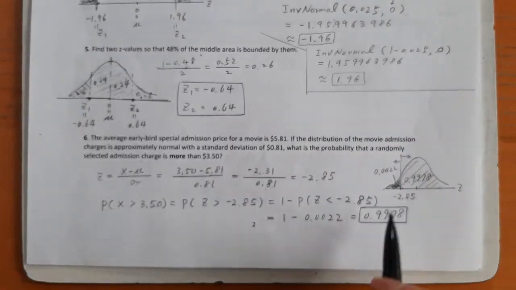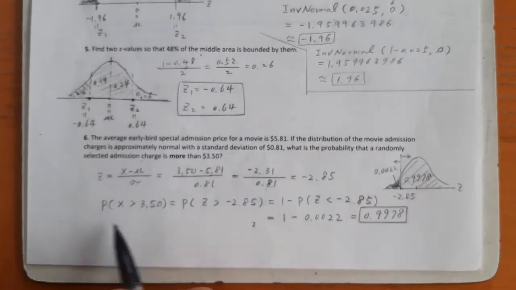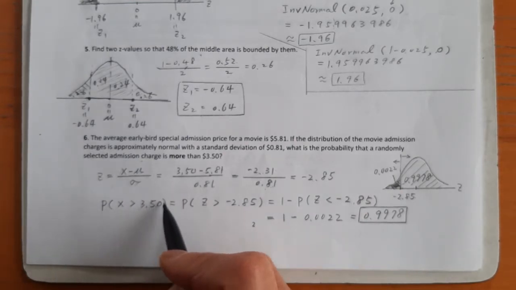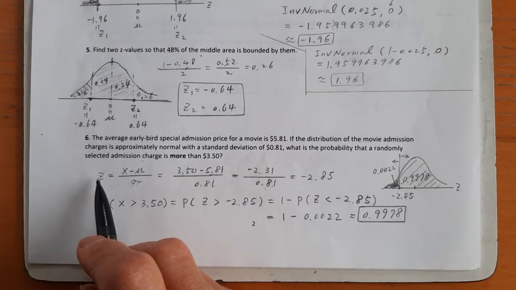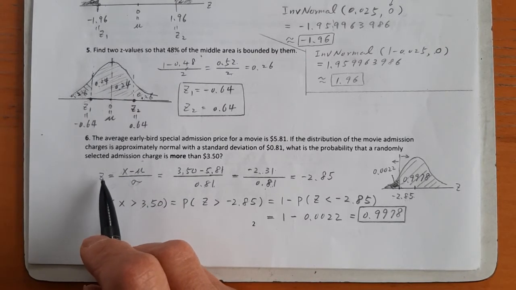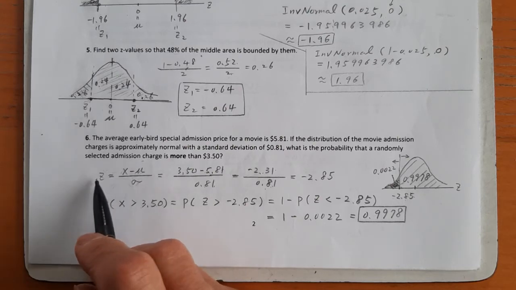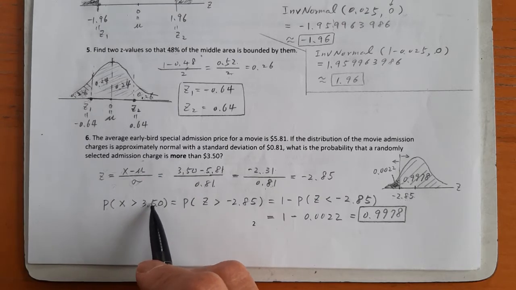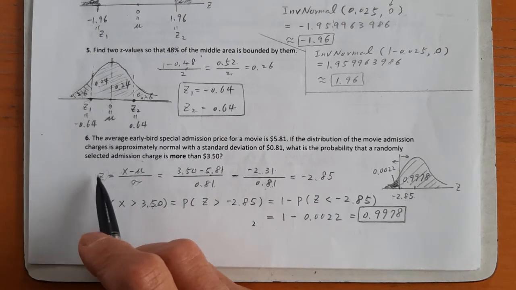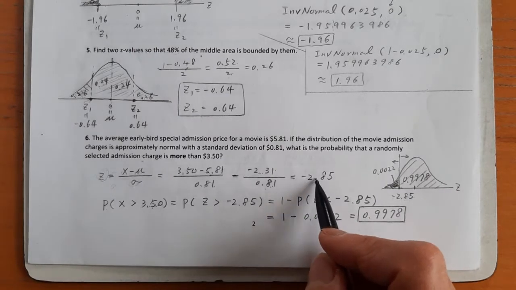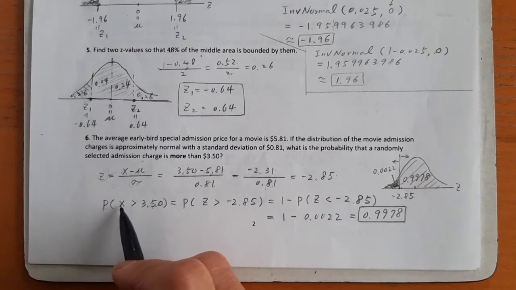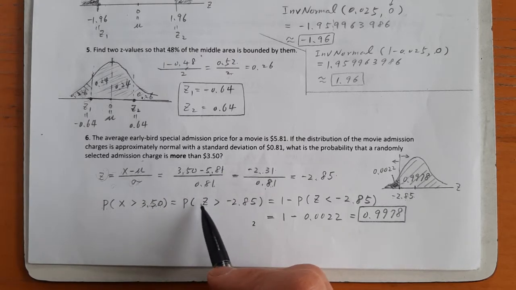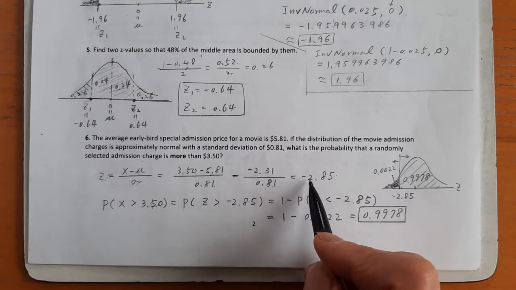Now, this question is looking for the probability of x greater than 3.50. After we transfer x to a z-score, when x is 3.50 the corresponding z-score is negative 2.85. So the probability when x is greater than 3.50 equals the probability when z is greater than negative 2.85.